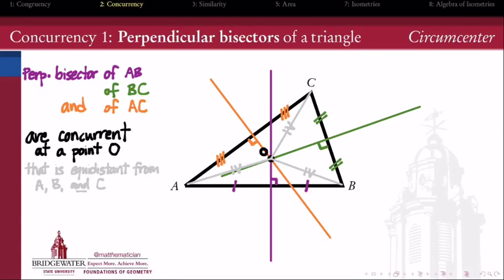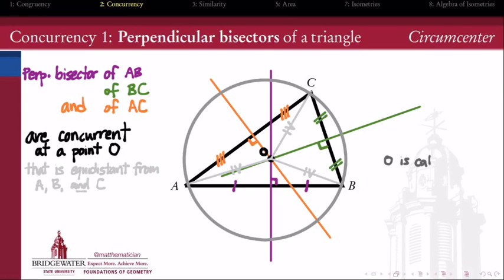And so that point is equidistant from all three of the vertices of this triangle. Because of that, we can use that point as the center of a circle which passes through all three of the vertices of this triangle.